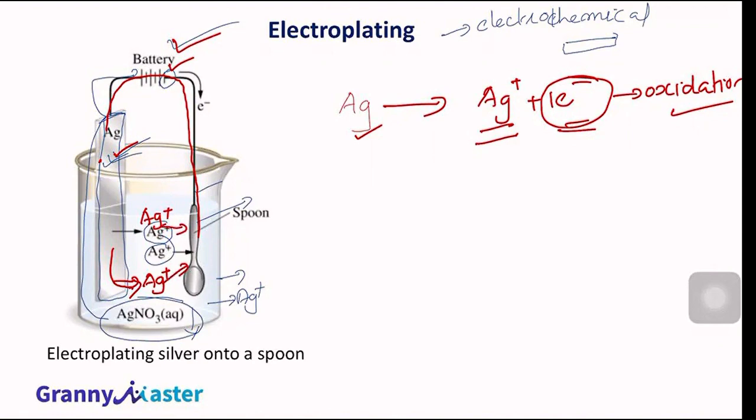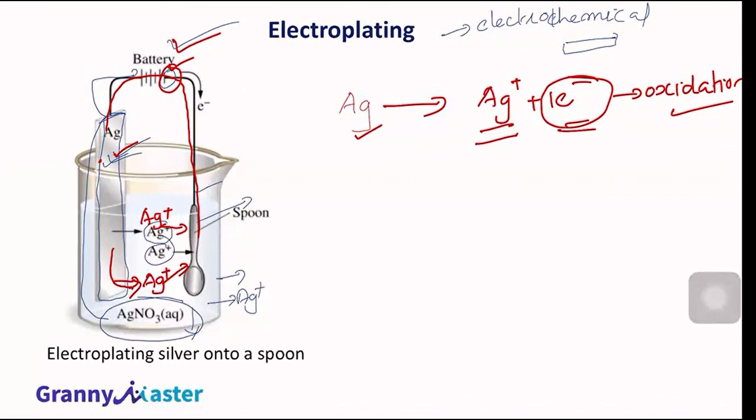Why? Because silver ions got ejected from the silver rod, as ions cannot stay on the rod. It should come into the solution. Once it comes into the solution, it will be attracted towards the spoon because the spoon is now negatively charged. Why is the spoon negatively charged? Because it is connected to the negative terminal.